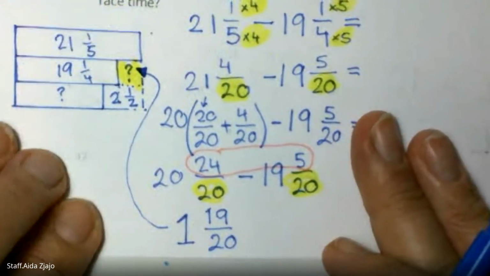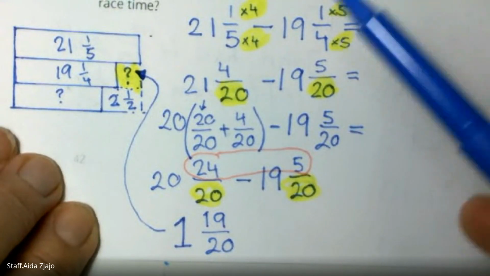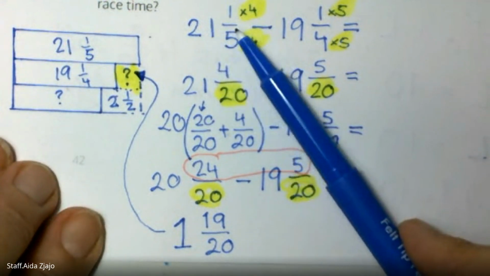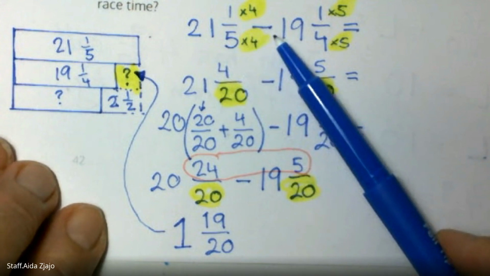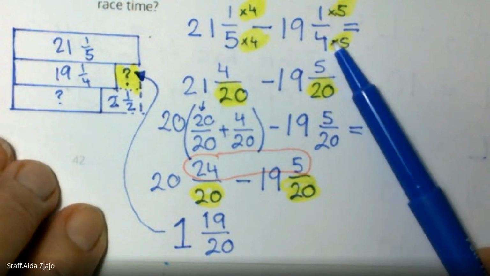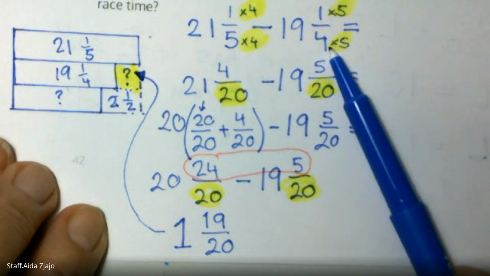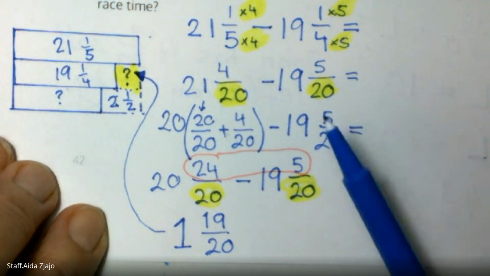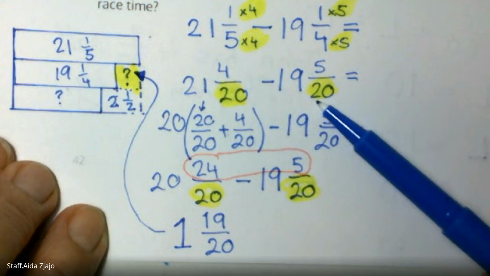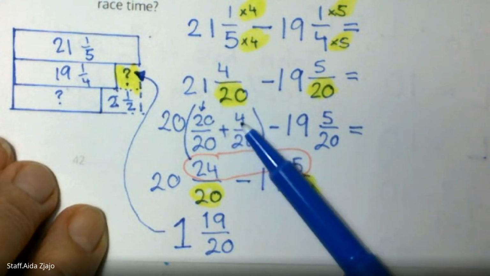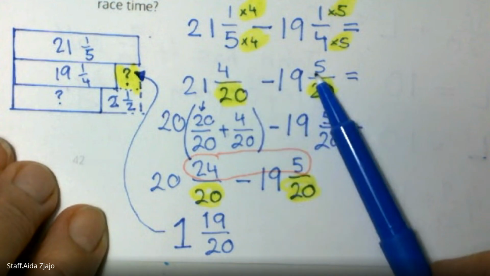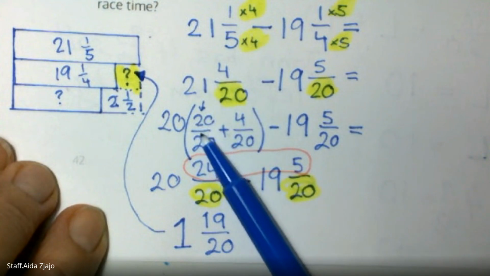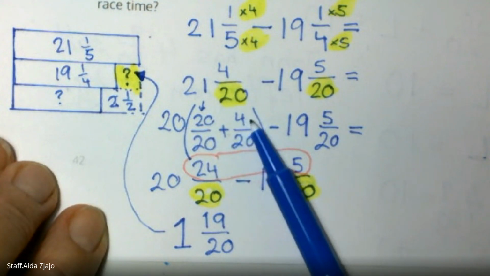Sorry, you didn't see this. So let's review. His overall time was 21 and 1/5, and then he lowered it to 19 and 1/4. The fraction pieces are not the same, so we made the same denominator, twentieths. But we encountered a problem: we couldn't take away 5 pieces when we had 4, so we had to regroup 1 whole minute into 20 twentieths plus 4 twentieths.